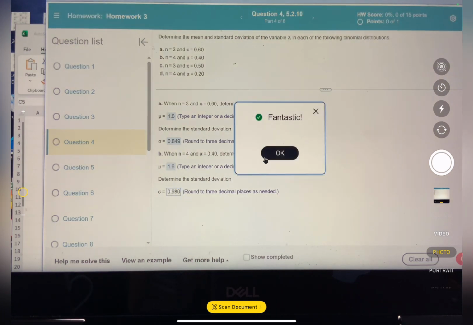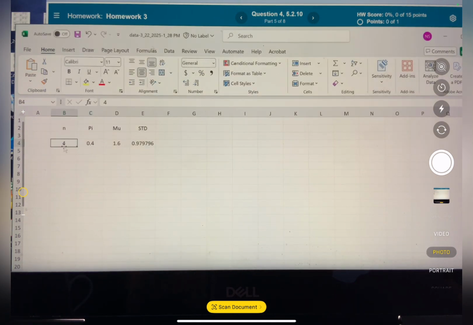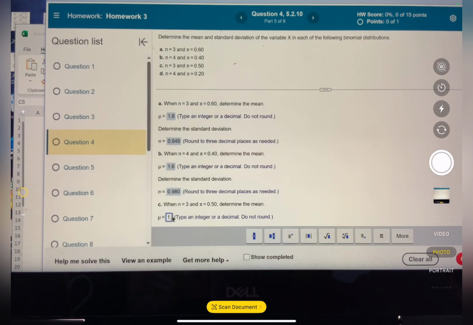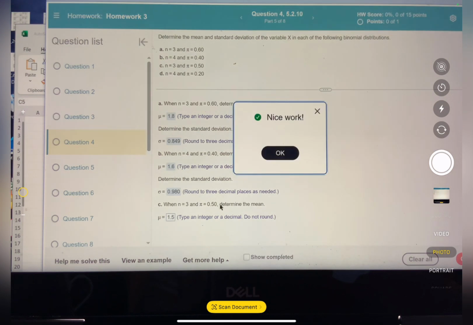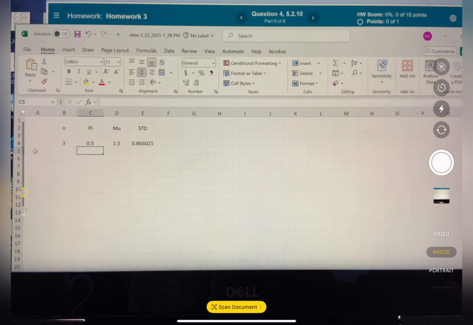0.980. Fantastic. And then the same thing, n is 3 and pi is 0.5, and we get 1.5 as our mu, and our standard deviation is 0.866.